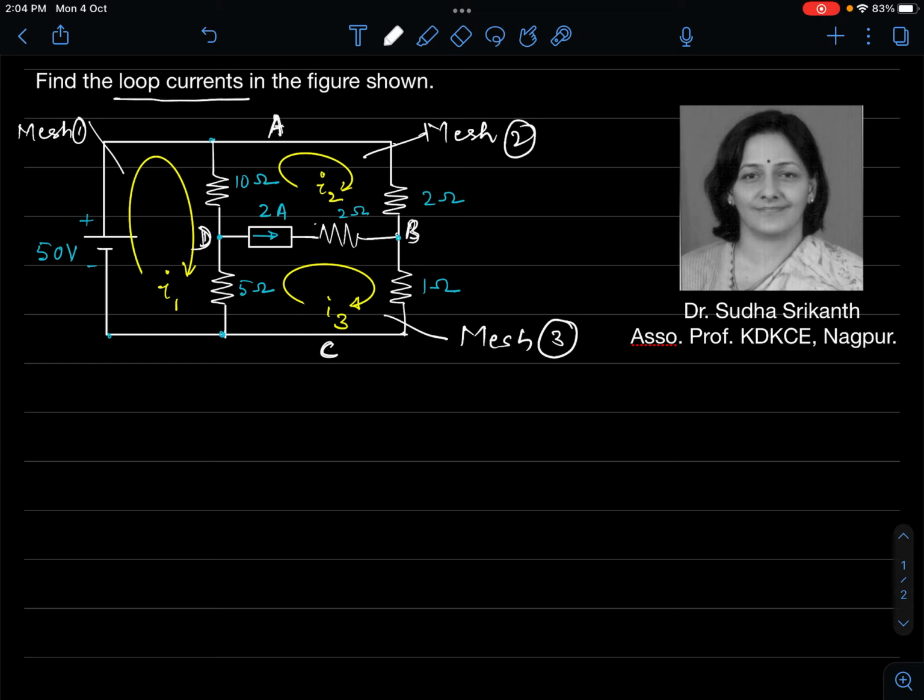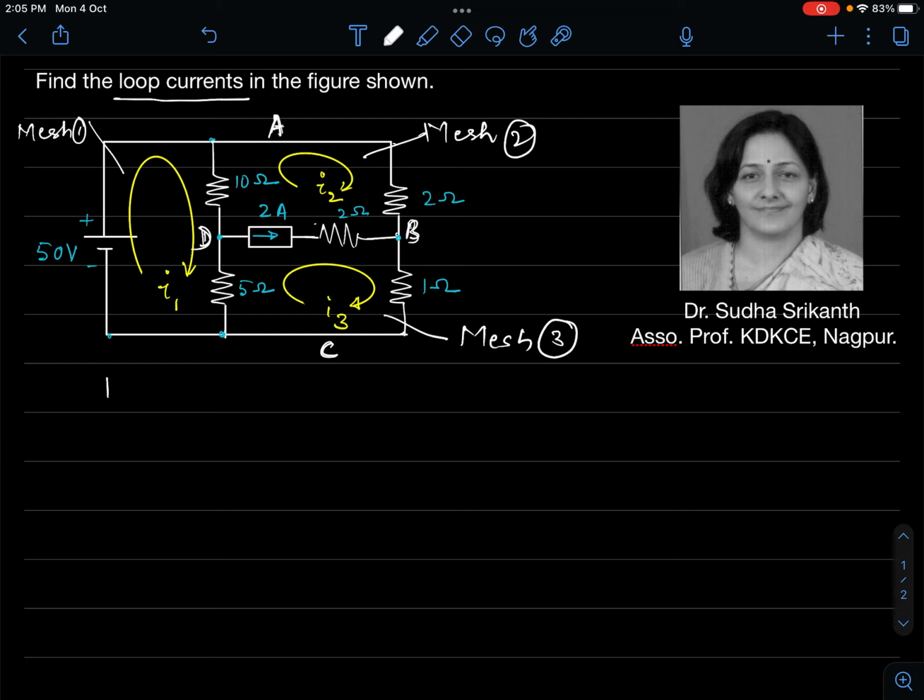However, in this problem, the branch DB has a current source. So how do we consider the voltage across the current source? It is a difficult proposition to find out. When we write Kirchhoff's voltage law for meshes, we take the potential differences across various elements.